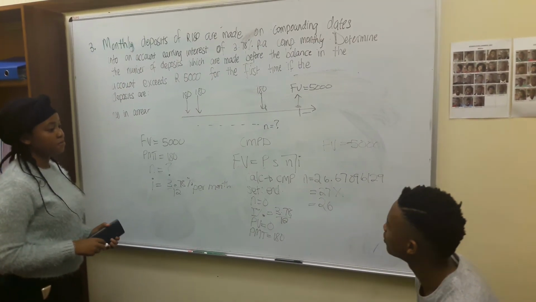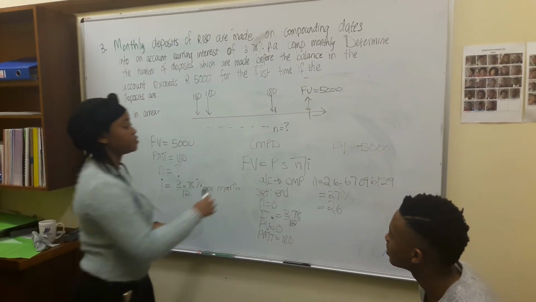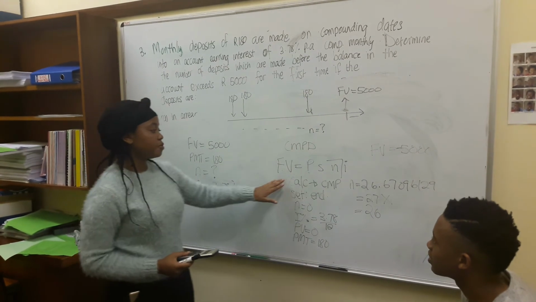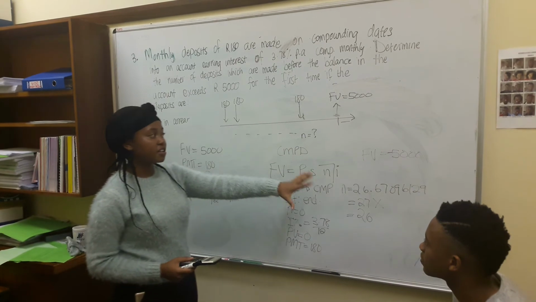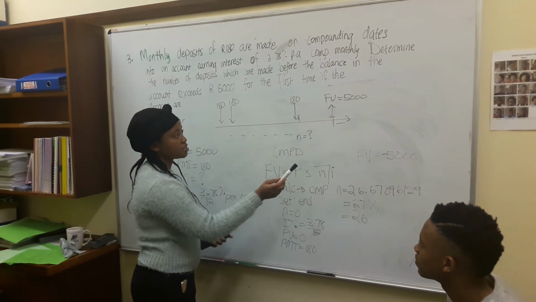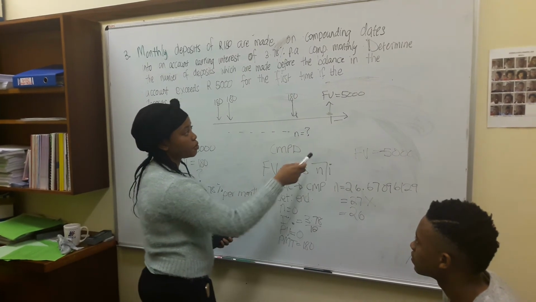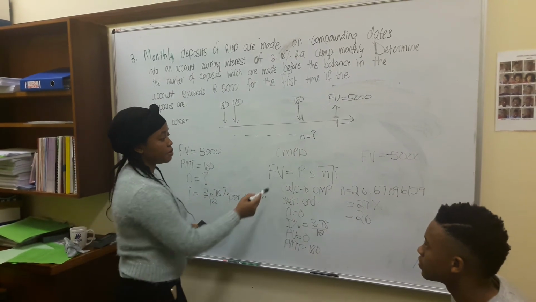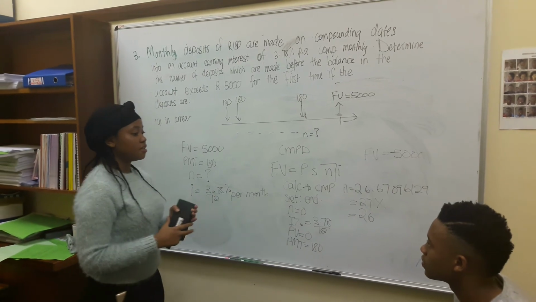Okay, how do you know which formula to use? Well, when we deal with annuities and formulas, we first have to remember the definition of the formula. This formula gives us the value of the balance at the time of the last payment. Because it asks us to find the value before it exceeds 5,000, we're assuming that 5,000 is the last payment, and that's why we're not adding any other interest on that 5,000.